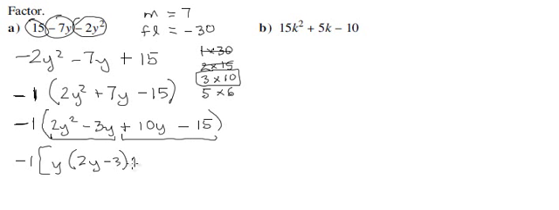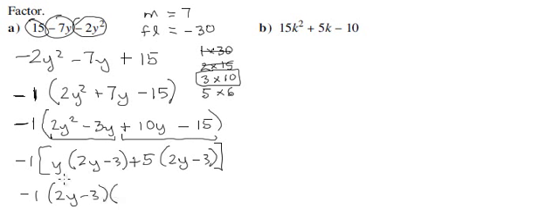And from the second pair, we can take out a 5, and that leaves us with 10 divided by 5 is 2y, 15 divided by 5, negative 3. Here's our common factor that we were hoping would happen, so take that out. We get 2y minus 3, and the pieces left behind are y plus 5.